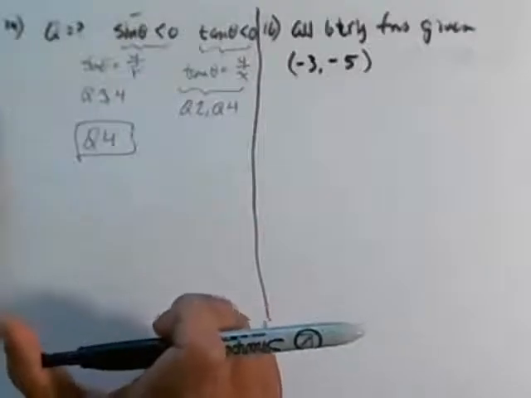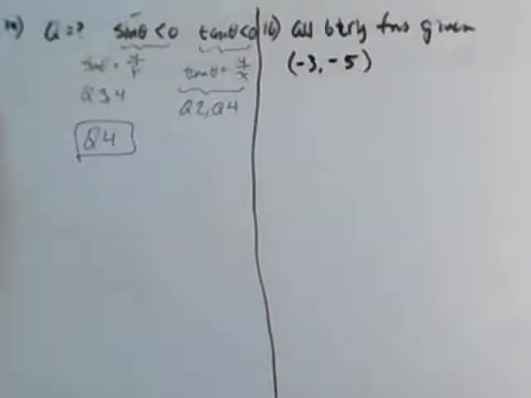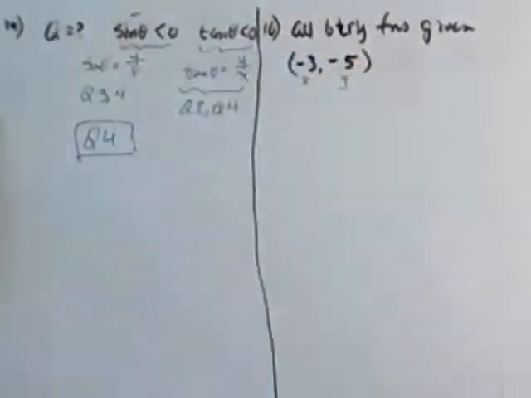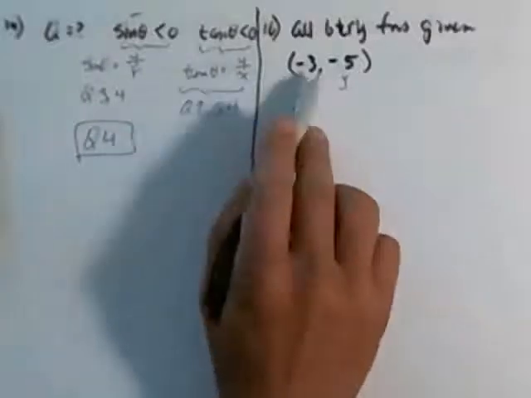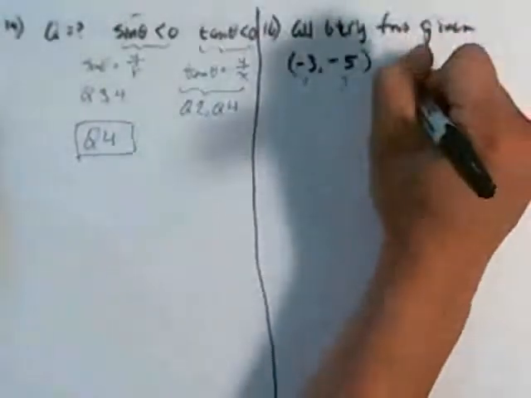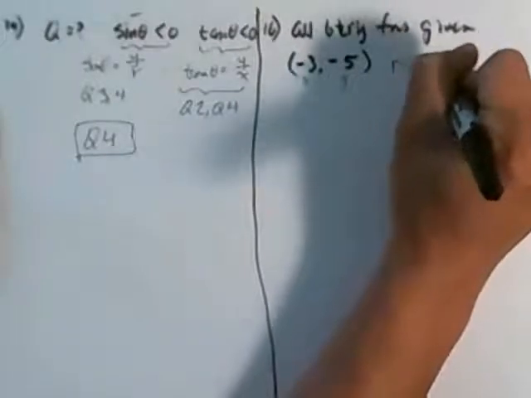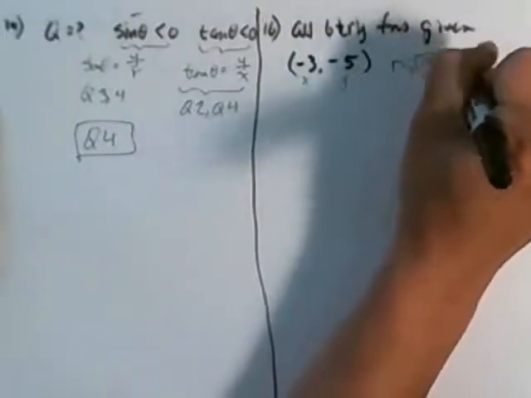Okay. Number 16, find all trigonometric functions for theta given the point on the terminal side of theta is negative 3, negative 5. So I used a different number. You can use any number you want and try to figure it out. That's my x and that's my y. We have to first find the value of r. R equals the square root of negative 3 squared plus negative 5 squared.